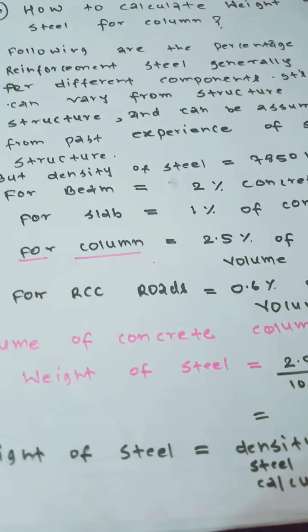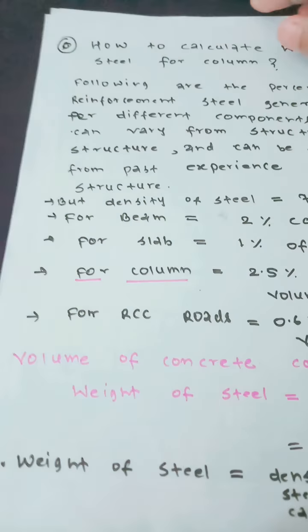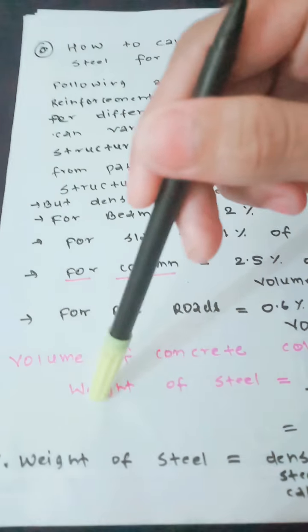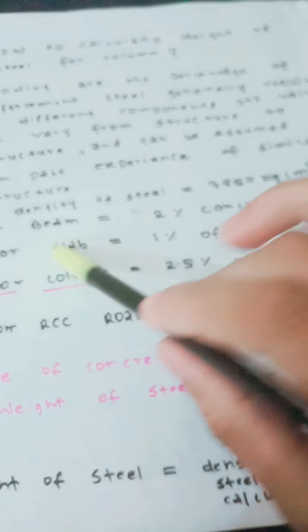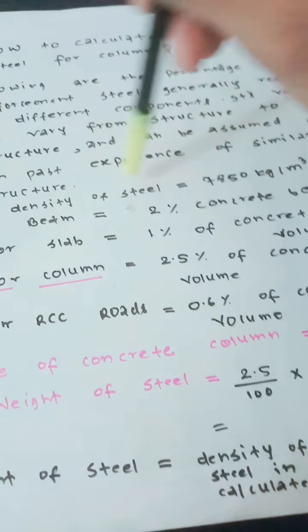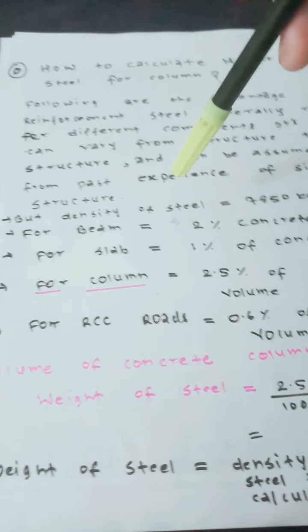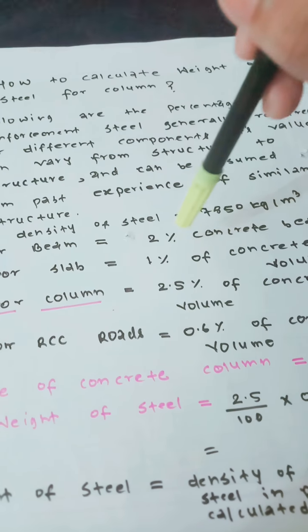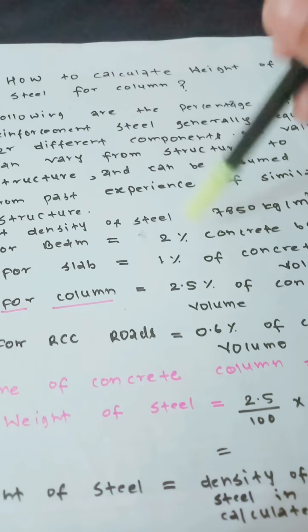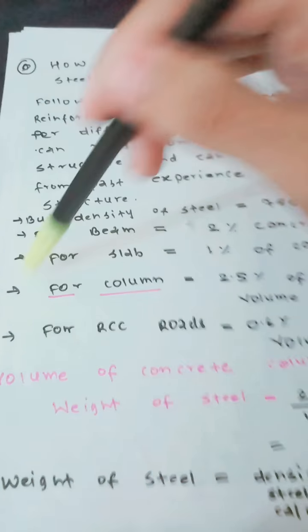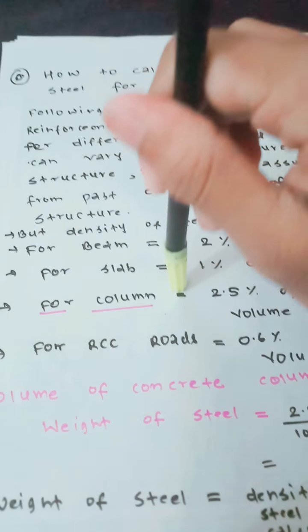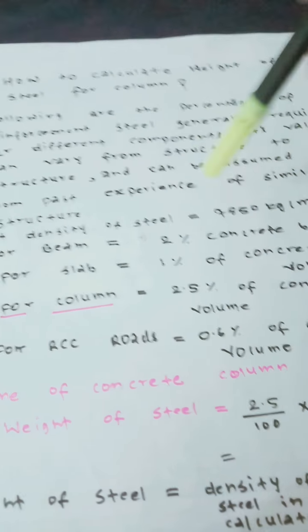Before we calculate the weight of steel, we need to know the density of steel. For a beam, how much percentage of the concrete volume is used. For a slab, how much percent of the concrete.